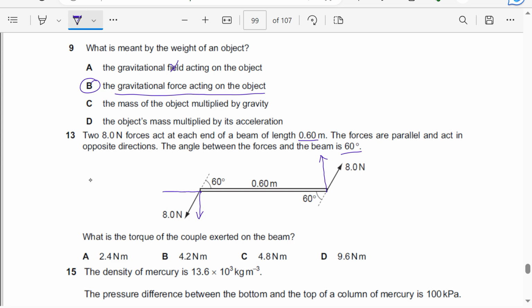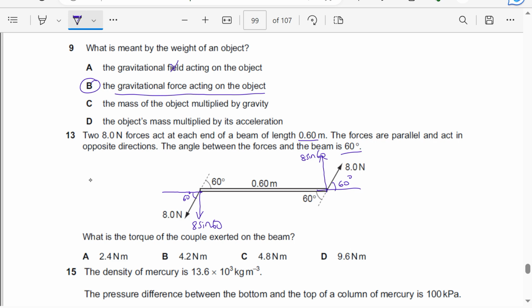If I draw a horizontal line here, this angle here is 60. So using 60 to resolve perpendicular, this is going to be 8 sine of 60. Using this angle here, which is also 60 degrees, to resolve perpendicular, still this will be 8 sine of 60. So now I know the force of the couple is 8 sine 60 in magnitude.